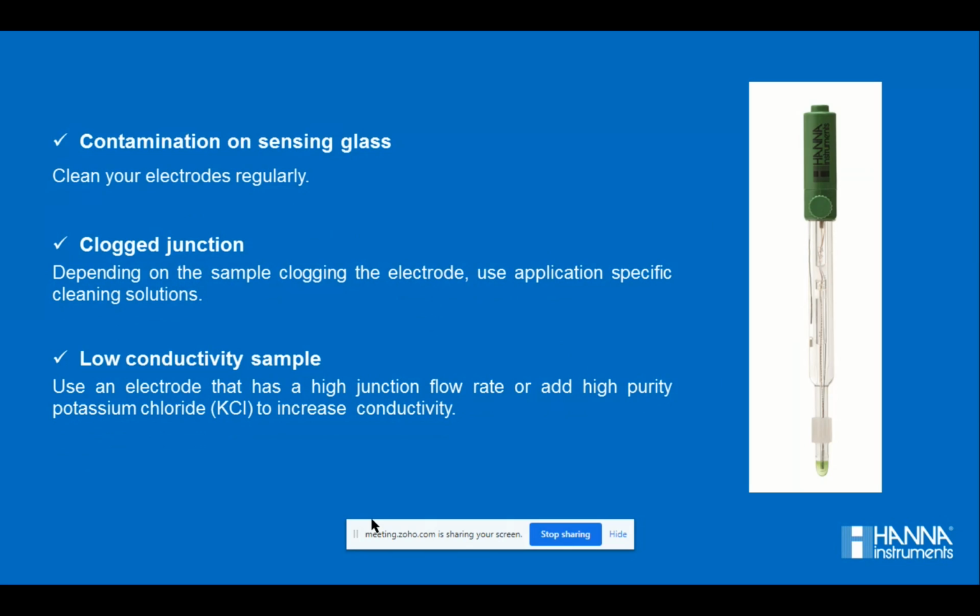But if it's a cloth junction, you just have to pull out one-fifth part of the affected part of the clogged junction, cut the clogged part, and the pulled out junction will be exposed to the samples. Thus, you will get a very good response in the measurement.